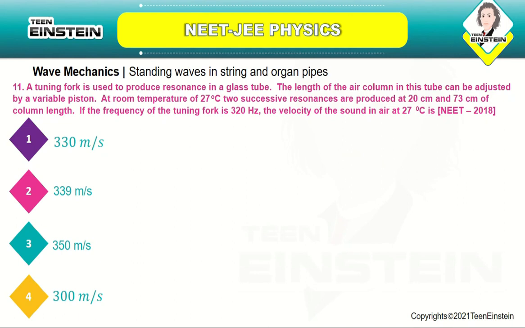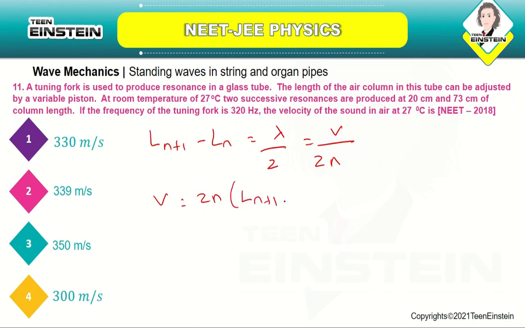So here for a resonance tube experiment, the difference between the lengths of column for two successive resonances is given by L(n+1) minus Ln is equal to lambda by 2, or V by 2n. So V will become 2n times (L(n+1) minus Ln).